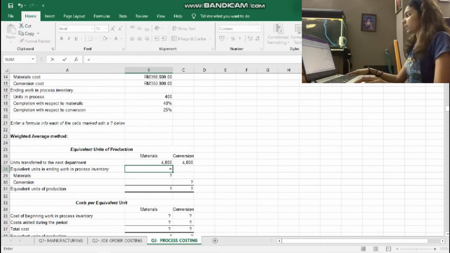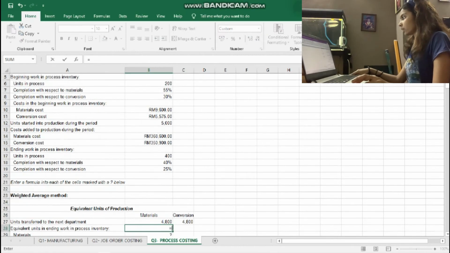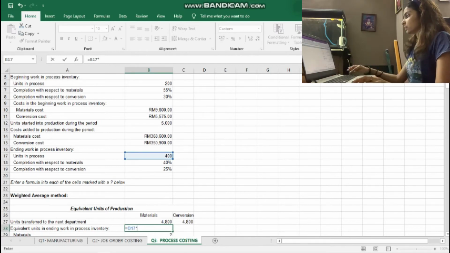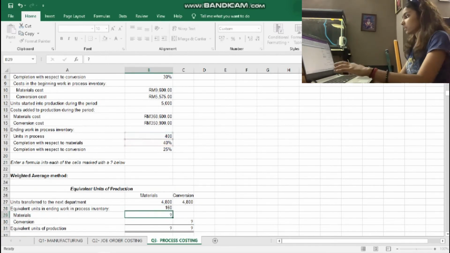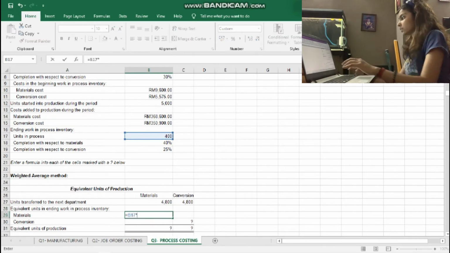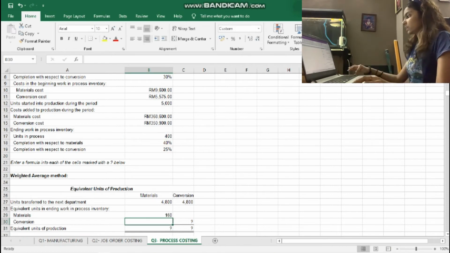Equivalent units in ending work in process inventory. Okay, we have to take this 400 and we have to times with this percentage. For materials, it's 40%. So we'll get 160. Sorry, it should be down here. Okay, 400 times 40%, 160.